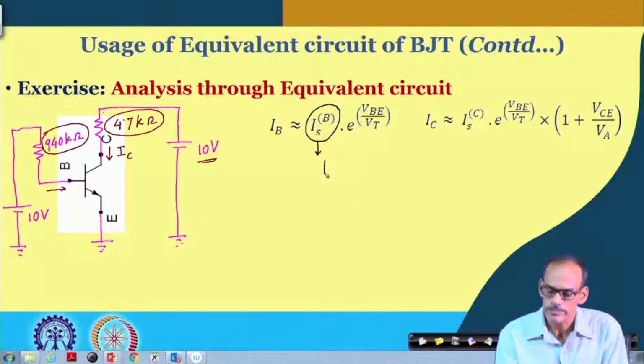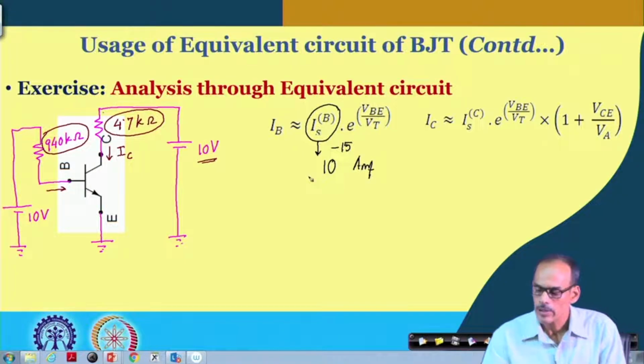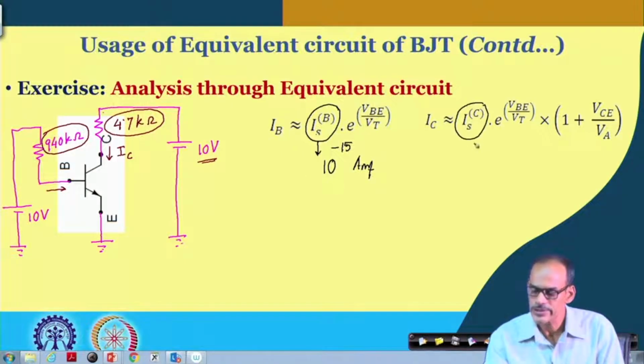So, let you consider this is 10 to the power minus 15 ampere, and let you consider this is 10 to the power minus 13 ampere, and for the time being let you assume that this early voltage is very high, quote unquote high.